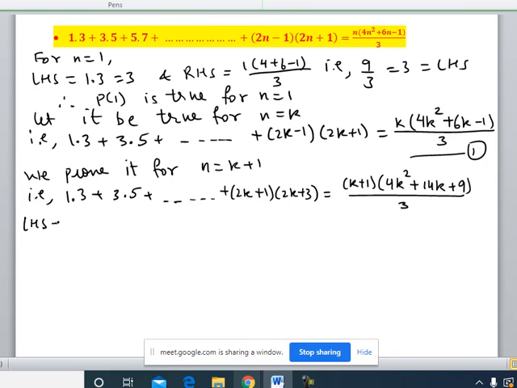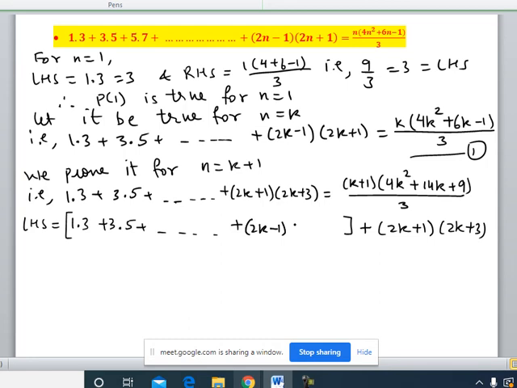In order to reach the result, we can write the left hand side as 1 into 3 plus 3 into 5 and so on. As we have done in all the previous questions, we will write the second last term also. And what is the last term? It is 2k plus 1, 2k plus 3. And the term just before it will be the kth term, which is 2k minus 1 and 2k plus 1.